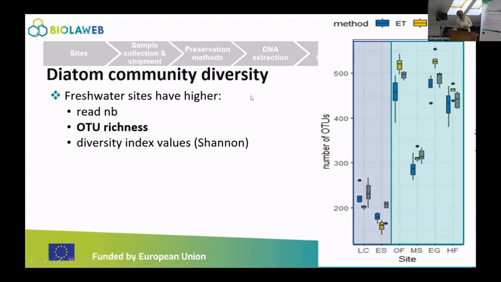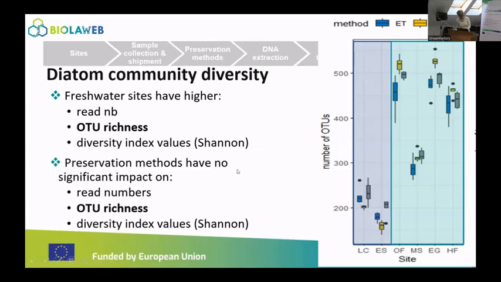Although these sites still have higher richness, which is probably linked also to the higher DNA concentration. We did that for read numbers and for diversity values, and we observed the same for these three endpoints. So we can see that the preservation methods have no impact on the read numbers, on the OTU richness, and on the diversity index values.